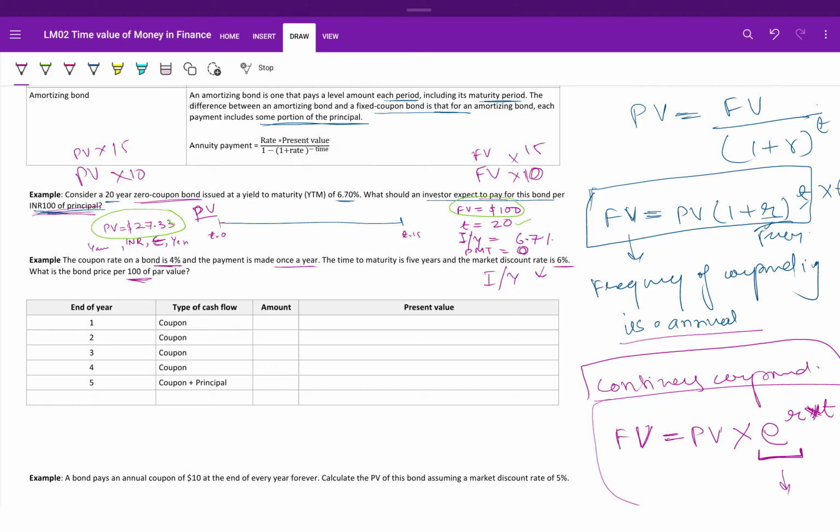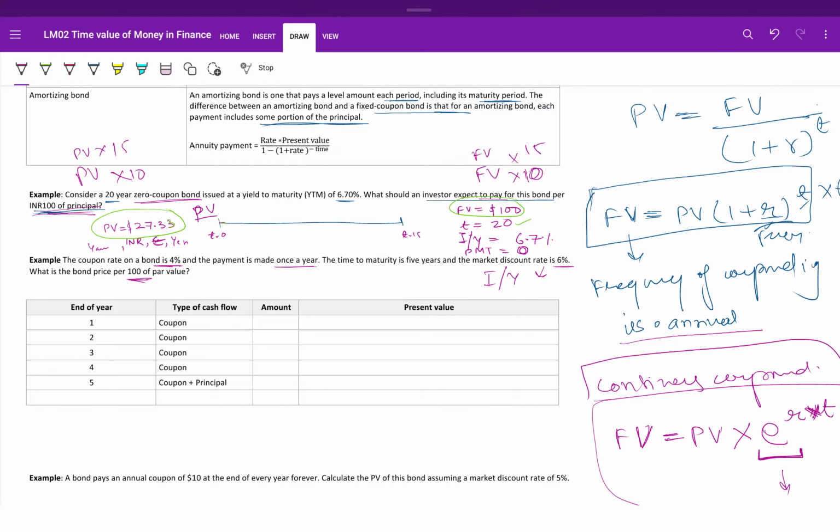To answer CFA questions, you need to have a clear understanding of the concept, whether it's numerical questions or theoretical questions. You need to have clarity, and the devil lies in the detail.